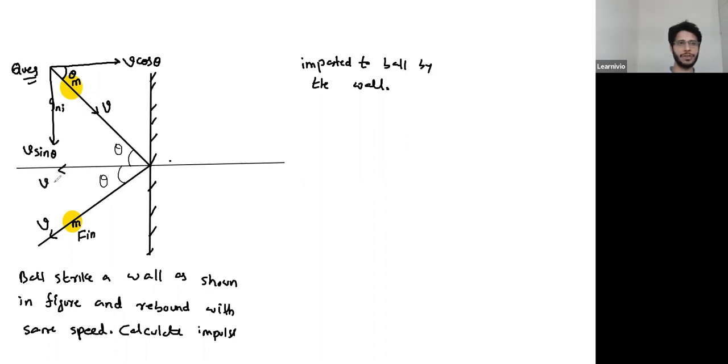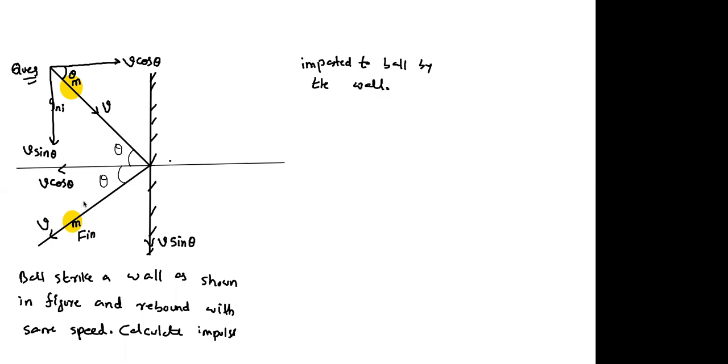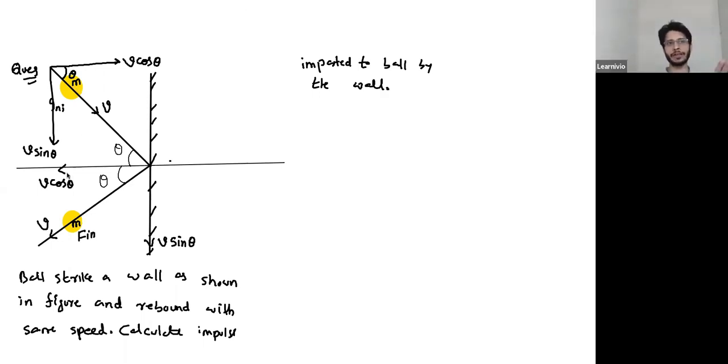This will be v cos theta, and this is v sin theta. So this is your initial and this is final. So the resolution simply means I divide this velocity along x and y axis. So I divide this problem along x and y axis, and we'll solve x axis separately and y axis separately.